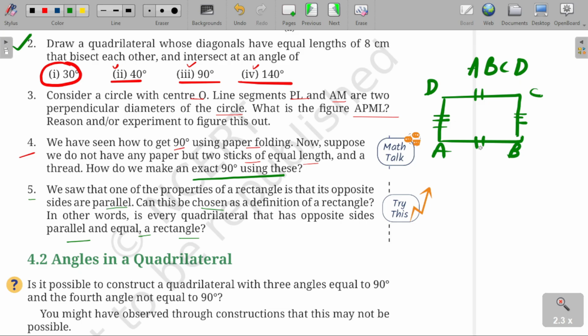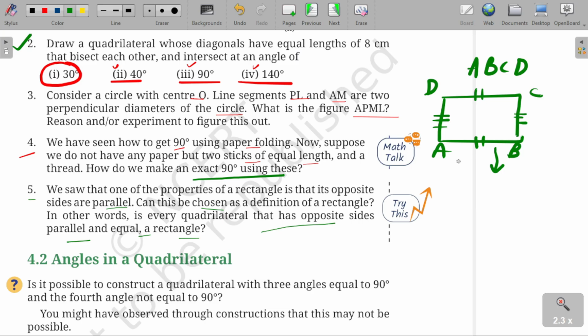For ABCD to be a rectangle, we require each angle to be 90 degree, right? If we want to prove this is a rectangle, we need all the angles to be 90 degree. The given information that AB is parallel to CD and BC is parallel to AD cannot help us to prove that each angle of ABCD is 90 degree, right? It is only given that the opposite sides are parallel and equal. So with that information, we can't say this is a rectangle.